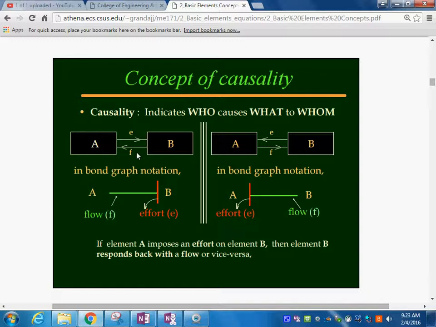So the cause is the force, and the consequence or the effect is the velocity.